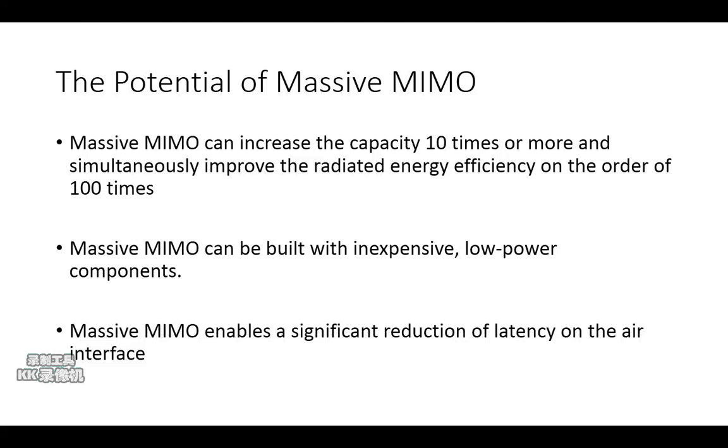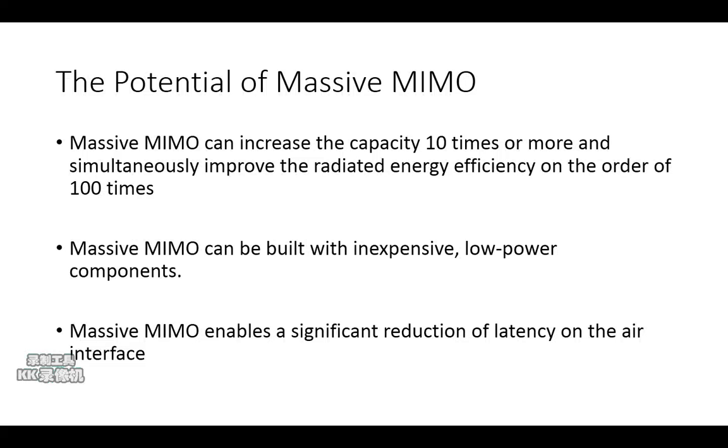The second potential is that massive MIMO can be built with inexpensive low-power components. We know that massive MIMO is a game-changing technology with regard to theory, system, and implementation.